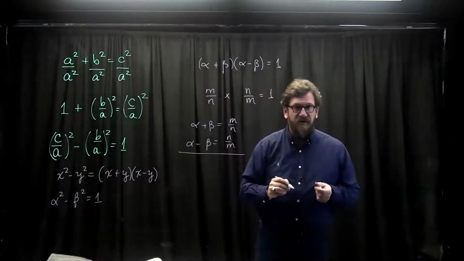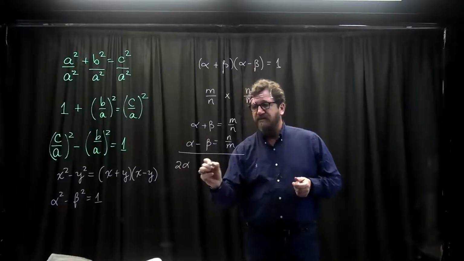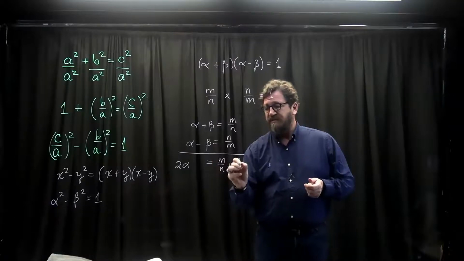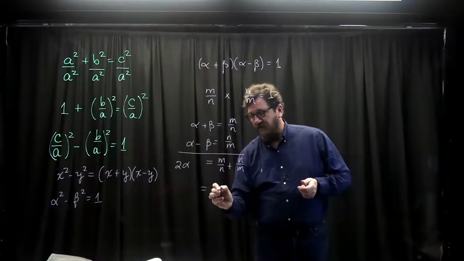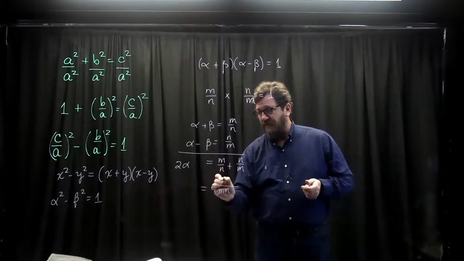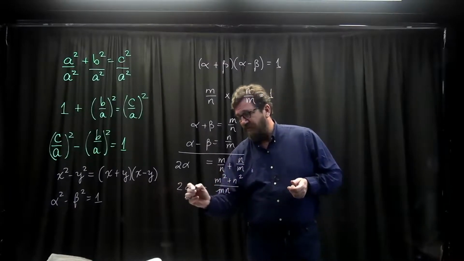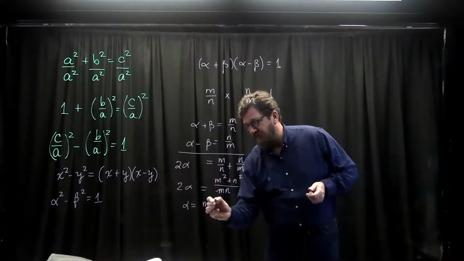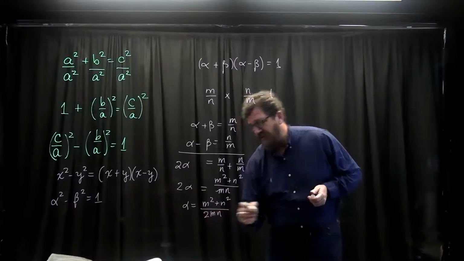I'm going to add those two equations together, and I'm going to get 2 alpha. Betas go away, and it's going to be m over n plus n over m. Common denominator is going to be mn. So I'm going to have m squared plus n squared is 2 alpha. So alpha must be equal to m squared plus n squared over 2mn.